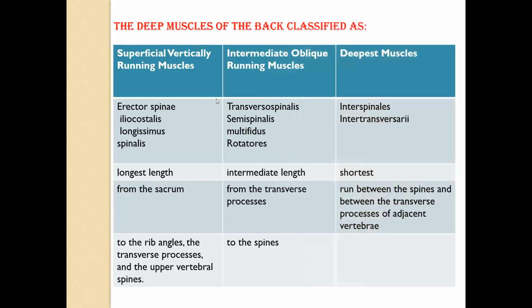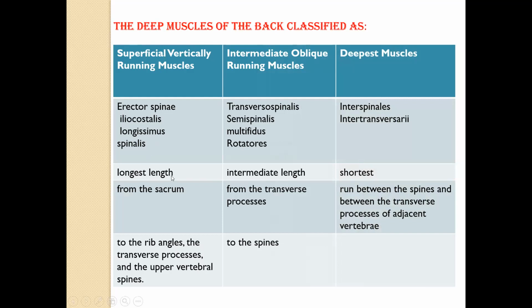So this table shows you how we can roughly categorize the deep muscles of the back, the intrinsic muscles of the back. We can categorize them according to length. The first one is superficial vertically running muscles. They include erector spinae, iliocostalis, longissimus, spinalis.